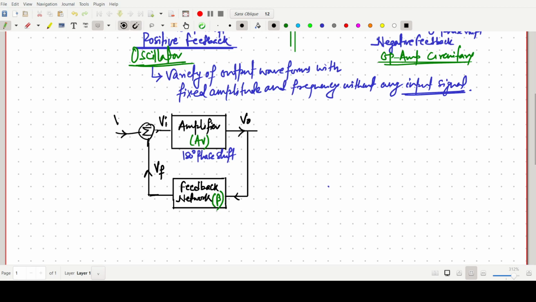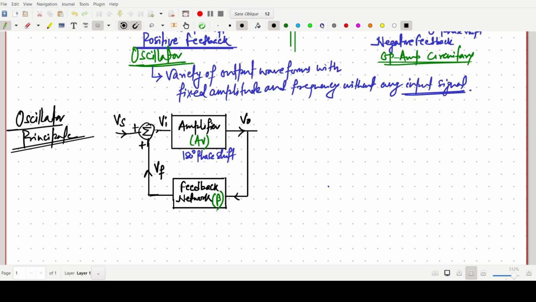For the time being, I am saying there is some Vs. So we are going for the oscillator principle. In this case, we can observe that it is positive, plus and plus, in phase: Vs and Vf in phase.